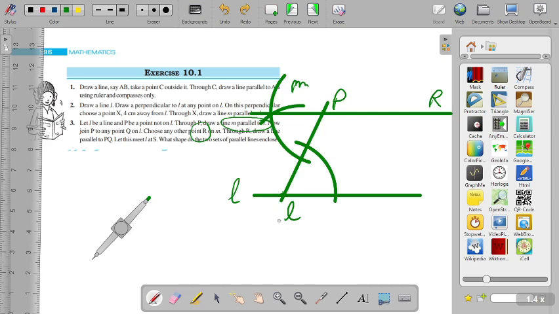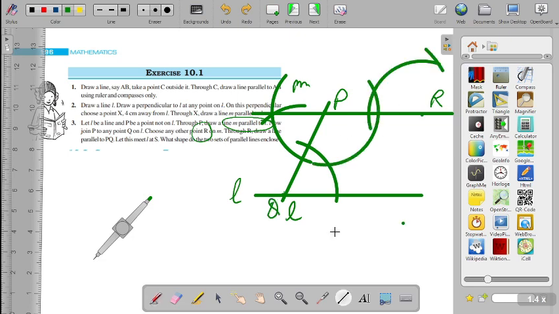We name it, we write here Q. So we have to draw a parallel. What we need to do? We take an arc this side, and we take from this R as center other side. Then again we draw it again, taking this as center. Now this is parallel.